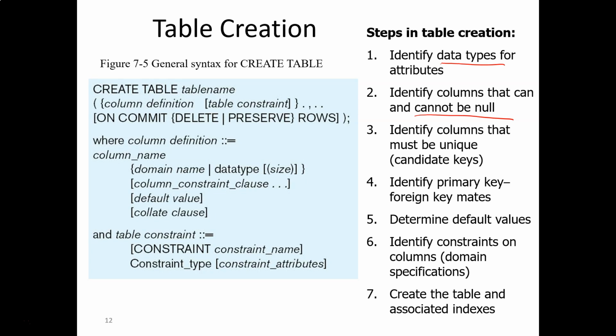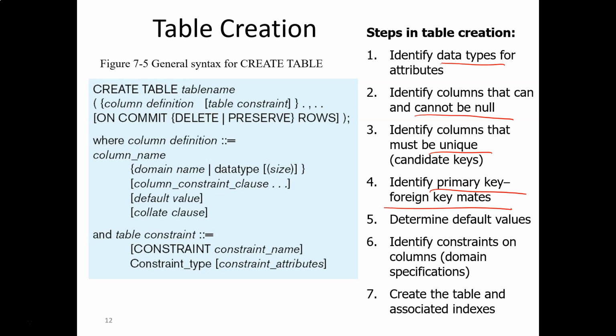You need to identify columns that must be unique and primary key foreign key mates. For example, fields like customer ID, product ID, or social security numbers should have unique values. This would allow the DBMS to check for data integrity and referential integrity in the future.